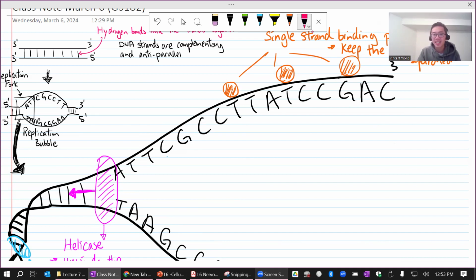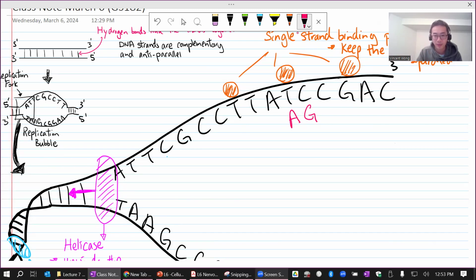What goes with a C? G, right? It's going to put a G there. And then there's a T here. What does T go with? A, right? And then there's an A here. And what does A go with? A goes with T, right? Okay. But here, the thing that's building this is actually building RNA instead.